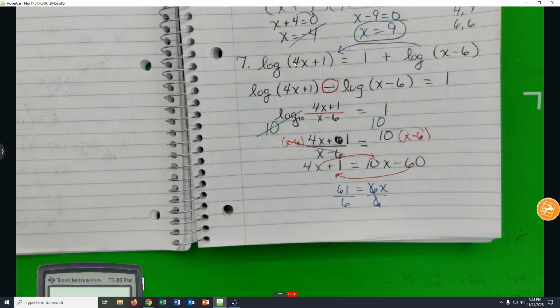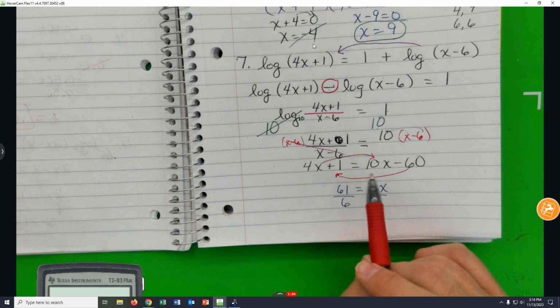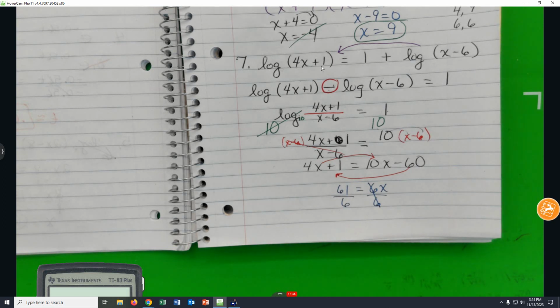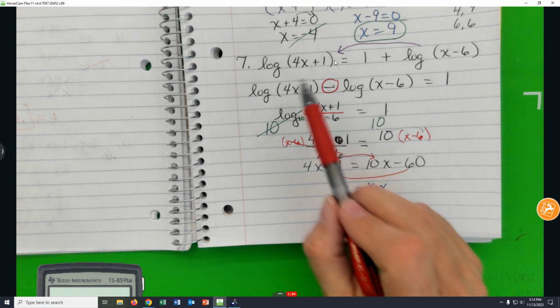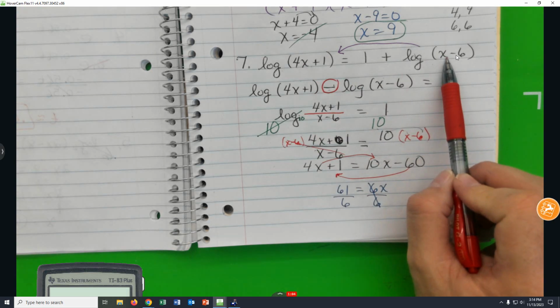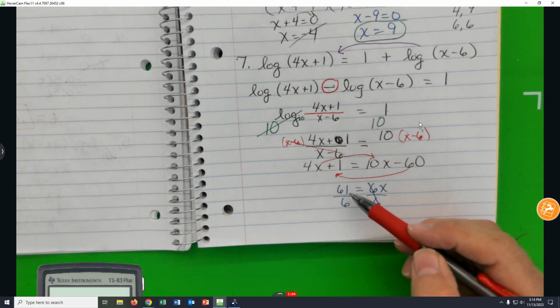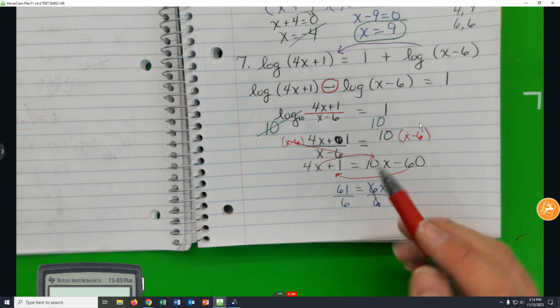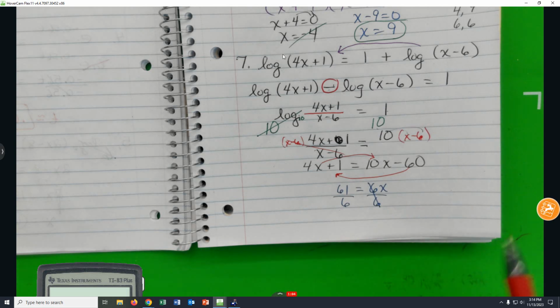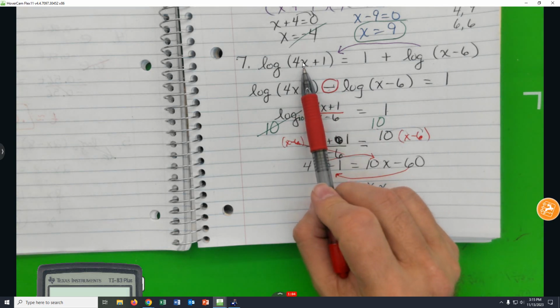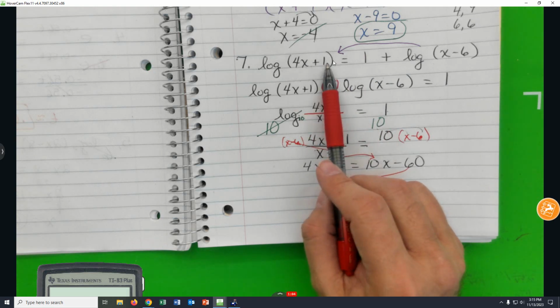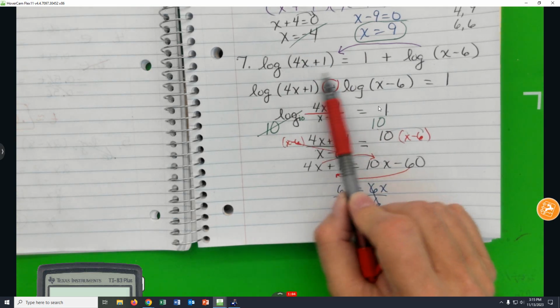So let's check it. Now, when you check it, all you're really doing is trying to figure out positive or negative after the logarithms. 61 over 6 is just a little bit bigger than 10. 4 times 10 point something plus 1, is that positive?